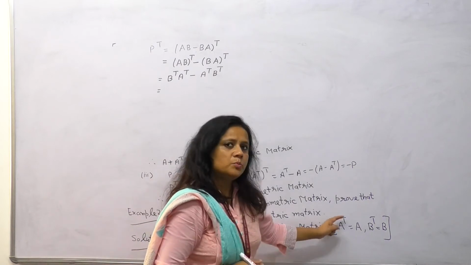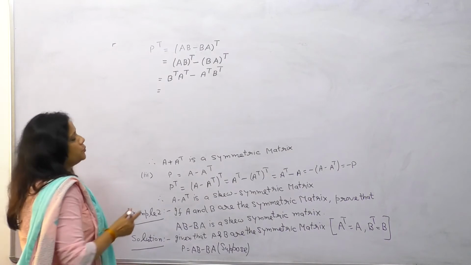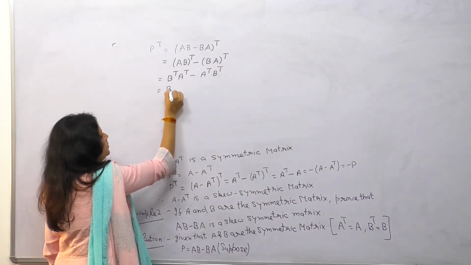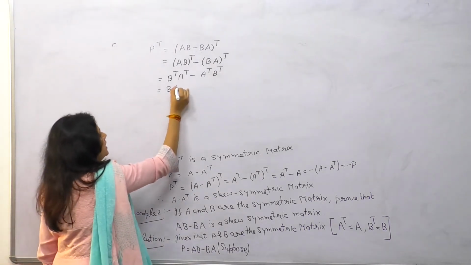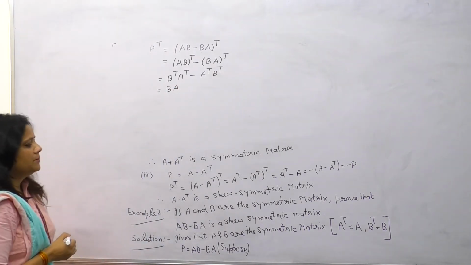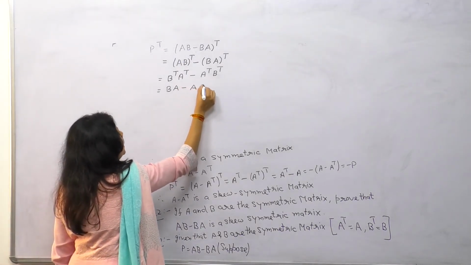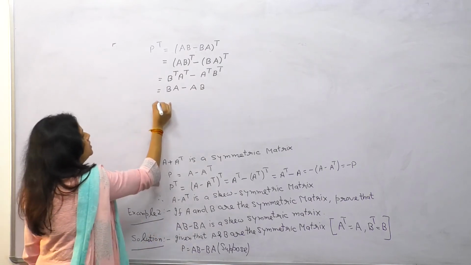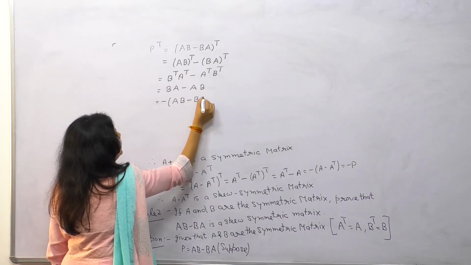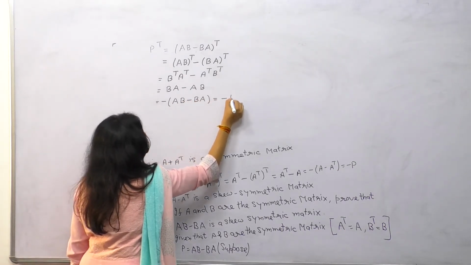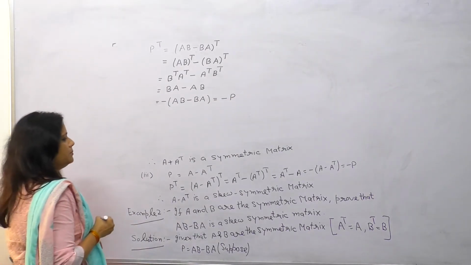that means A transpose is equal to A and B transpose is equal to B. So B transpose can be written as B with the definition of the symmetric matrix, and A transpose can be written as A. Similarly, A transpose can be written as A and B transpose as B. So taking minus common, we get minus of AB minus BA, that is minus P. So this is the definition of the skew symmetric matrix.